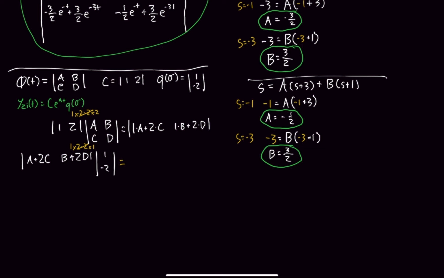So I'm going to end up with A plus 2C times 1 plus B plus 2D times negative 2.